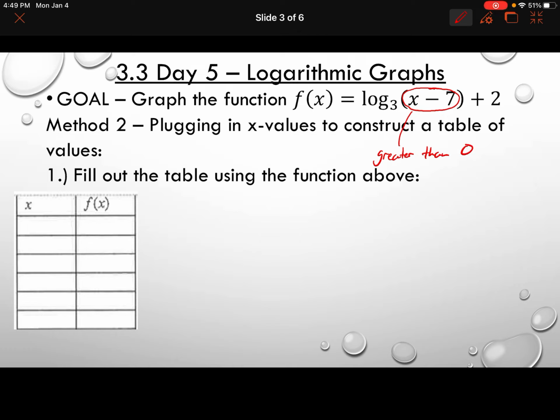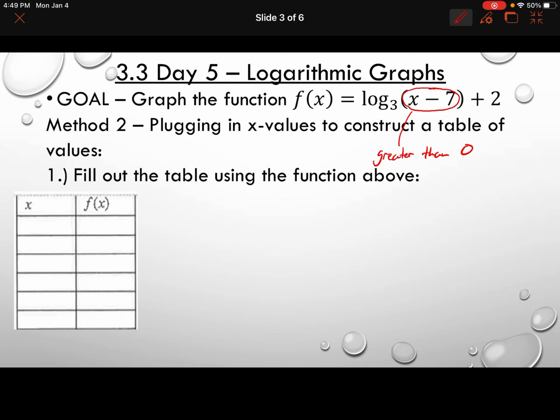So we can't pick any x values that make our value that we're plugging in for log less than 0. So that's why if we picked 6, 6 minus 7 is negative 1. We cannot take the log of negative 1. Same thing would happen if you tried 5 or 4 or 3, so on and so forth. If whatever you're taking the log of is negative, we cannot evaluate that.